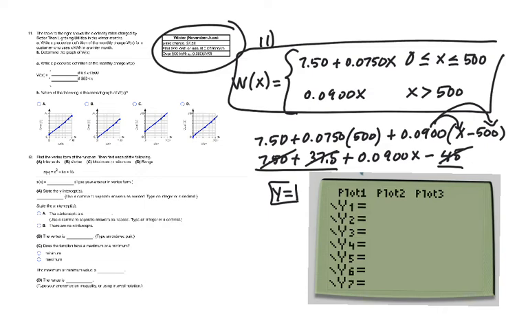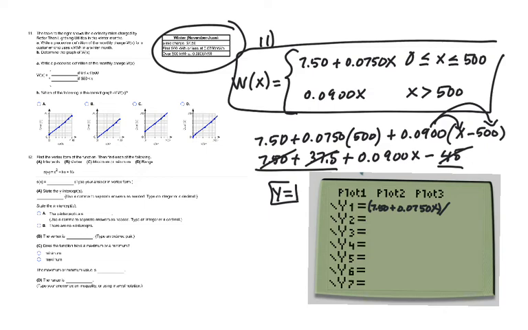If you can type fractions in your calculator with alpha y equals, then that'll be fine. But if not, here the top portion will be 7.50 plus 0.0750x, and then we'll do divided by the bottom portion will be the inequality.